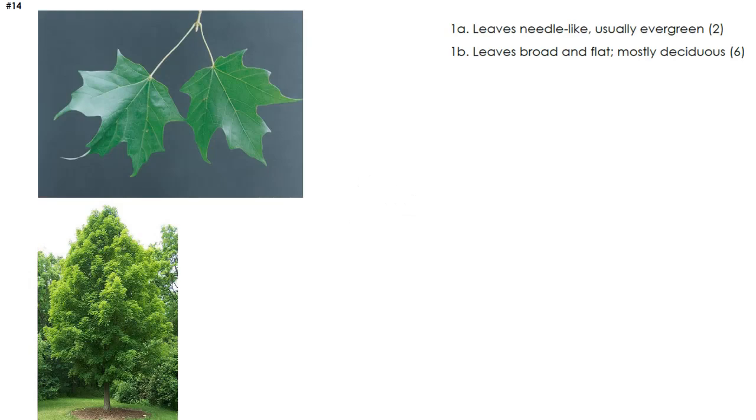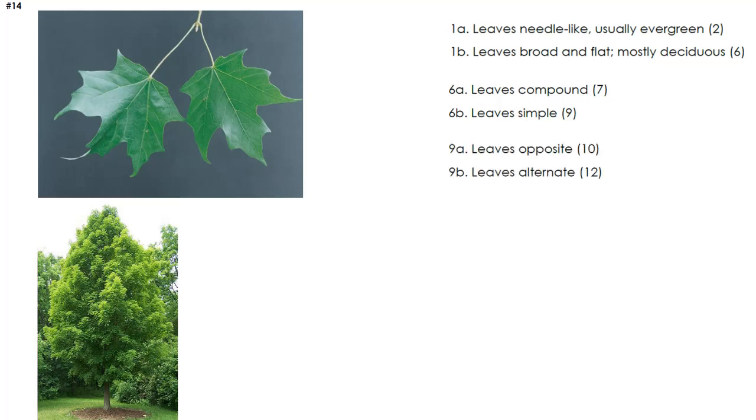Again, we start out with leaves needle-like, usually evergreen, or leaves broad and flat, mostly deciduous. These are deciduous, so we're going to 6. Leaves compound or leaves simple. These leaves are simple. Leaves opposite or leaves alternate. These are in fact opposite.